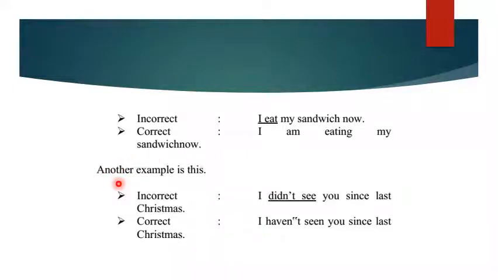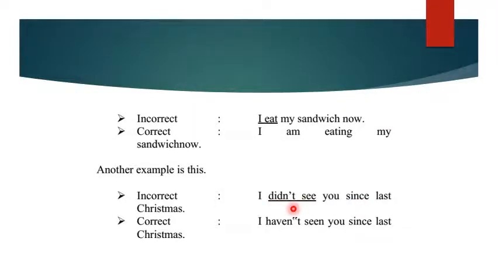Another example: "I didn't see you since last Christmas." Again, this is wrong, because they are supposed to say it differently, as long as you have since, which is again a keyword and marks the existence of the present perfect, which is has or have plus the past participle.